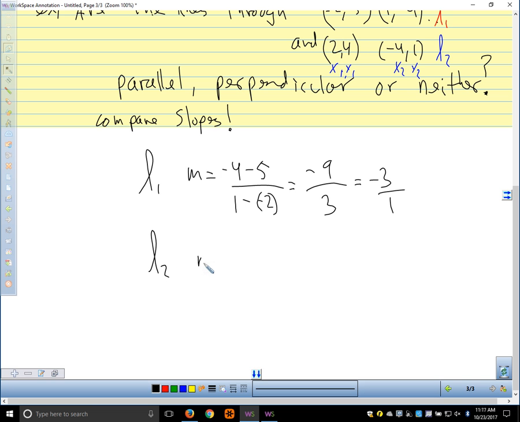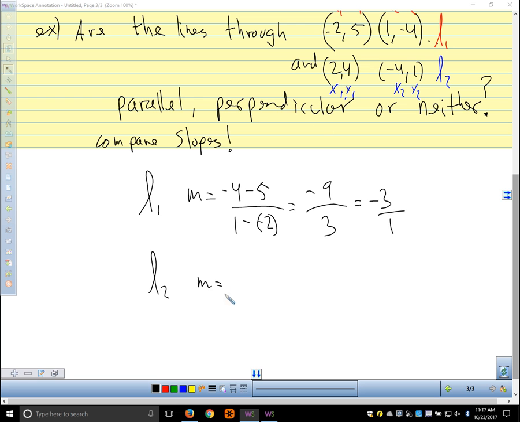So for line 2, the slope, y2 minus y1, 1 minus 4, over x2 minus x1, negative 4 minus 2. 1 minus 4 is negative 3. 4 minus negative 2, negative 6.